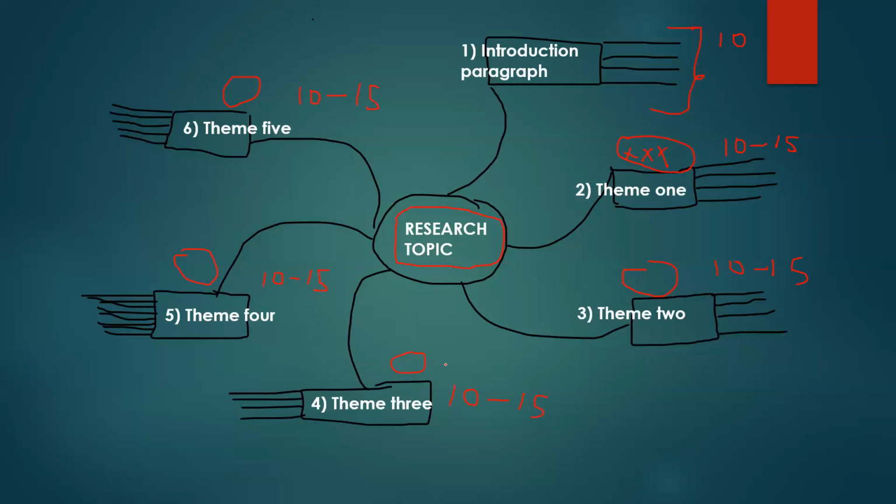If they are missing important concepts, then I'll tell them, why don't you look at this? Why don't you look at that? That's why I'm saying that the themes must be a fair reflection of the various concepts that are related to the topic. Okay, so this is a typical introduction.